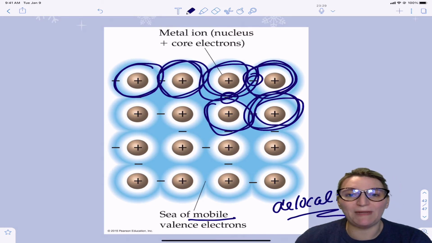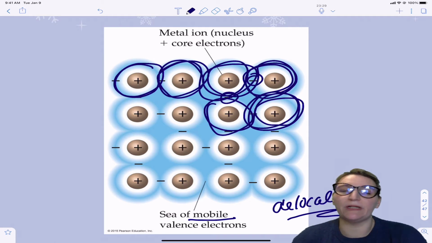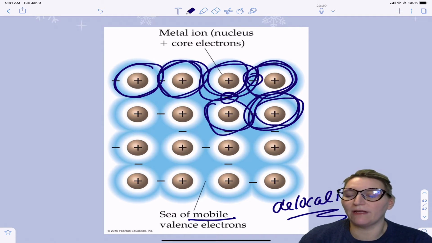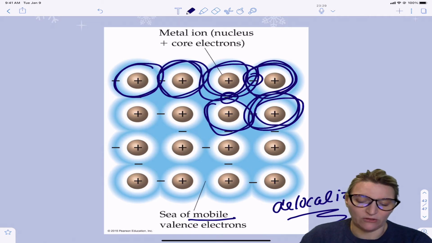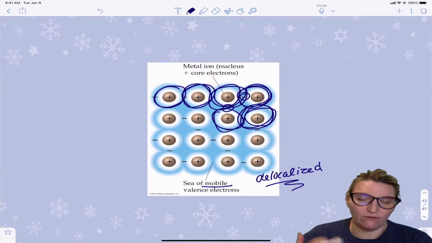Another word for that could be delocalized. We will use that word again next chapter when talking about a certain type of electrons, but delocalized literally means not localized. It means that they don't simply stay with one atom. They move from atom to atom or from ion to ion. So that is kind of the bonding that's going on.